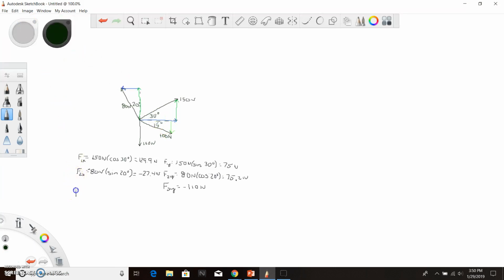So F4x, we're going to break that 100 newtons, times the cosine of 15 degrees. And that is a positive, so cosine of 15 degrees times 100 newtons is 96.6.